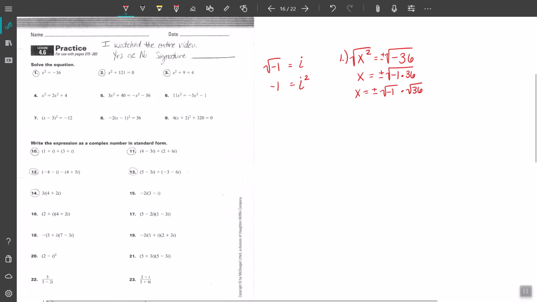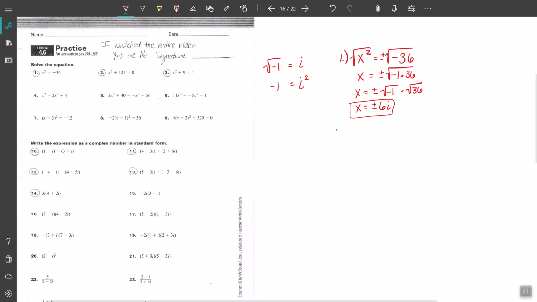Well, according to our definition, the square root of -1 is i, and we know that the square root of 36 is 6. So x equals plus or minus, don't forget that plus or minus, 6i. You just bring them straight together because they're being multiplied together. And this is the final form of that answer for number 1.